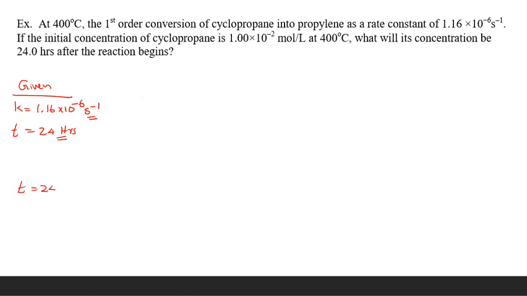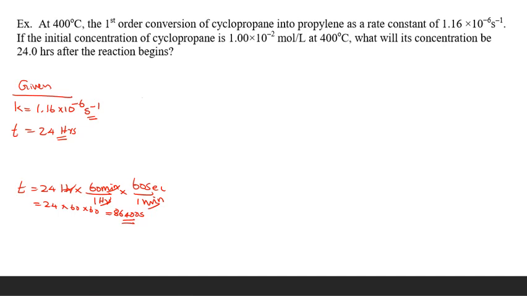To convert 24 hours into seconds, we know in 1 hour there are 60 minutes and in 1 minute we have 60 seconds. So hour and hour will cancel, minute and minute will cancel. We just have to multiply 24 times 60 times 60, which equals 86,400 seconds. Okay, so that conversion is done.